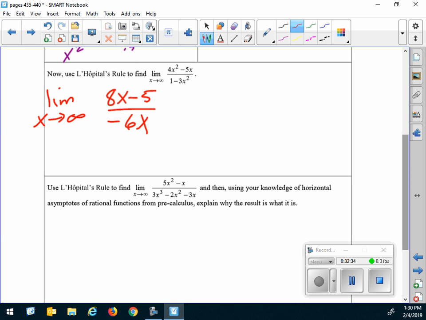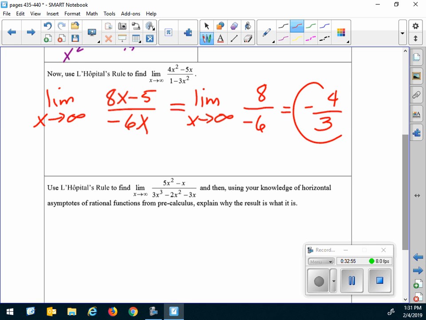Yeah, no, so you have to do it twice. Because here, don't I still get indeterminate form? Do it again. What's the derivative of the numerator? Over. That's negative 4/3.